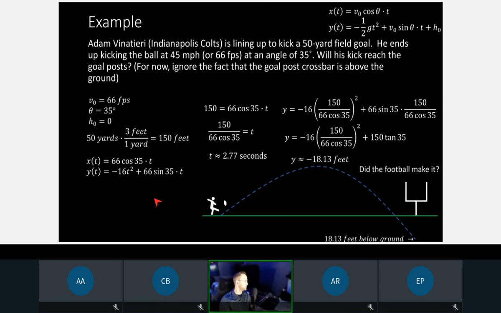All right, I'm going to share this with you. I think it's really neat. I made a Desmos simulation thing. Pull it up.